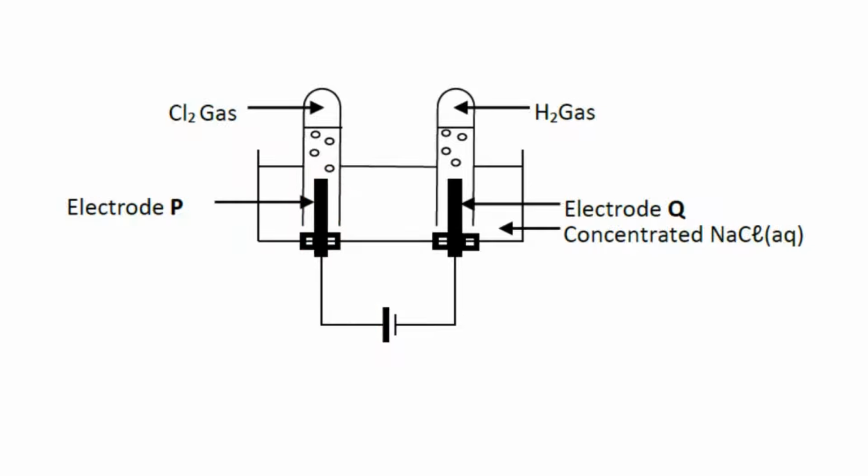That means the chloride ion was oxidized there to a chlorine gas, and then water here is going to be reduced to a hydrogen gas, and then there will be OH minus there, right?